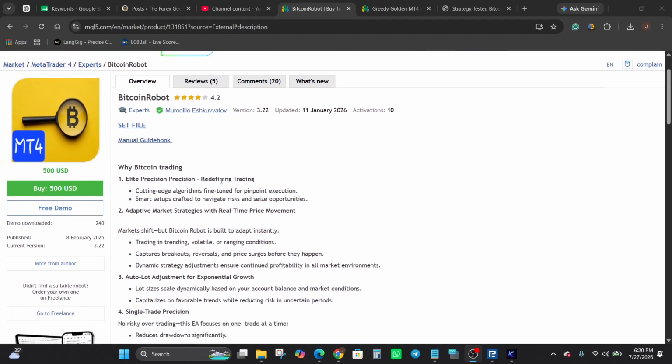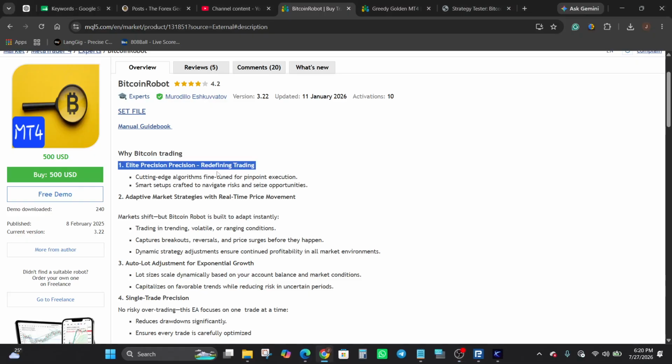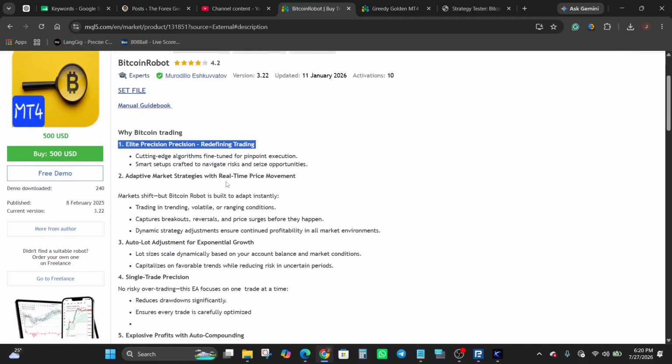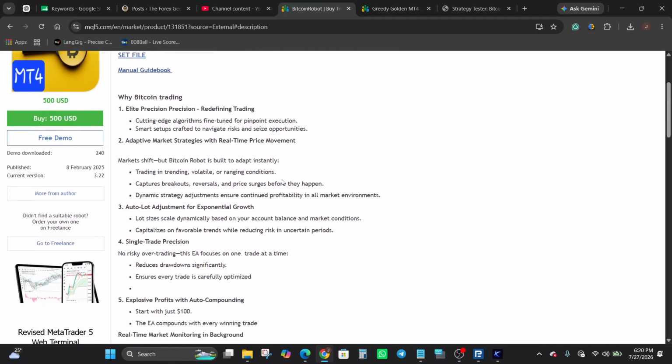Moving into the description, the developer explains that this EA is designed for Bitcoin trading. One of the first points highlighted is what they describe as precision focused execution using their trading algorithms. While the exact entry logic is not explained on the marketplace page, the intention is to identify trading opportunities while managing risk.